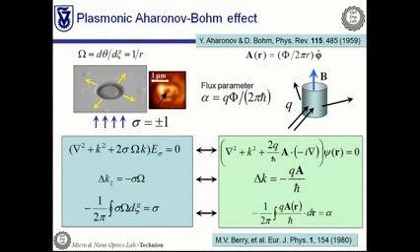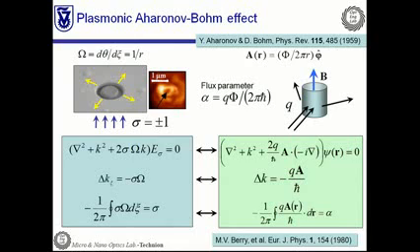We can see the analogy with the Aharonov-Bohm effect. In Aharonov-Bohm, we have a vector potential A proportional to 1 over R. In our case, we have a rotational rate proportional to 1 over R. This is the Schrödinger equation for Aharonov-Bohm with the corrected term, and this is our Helmholtz equation with the Coriolis term.